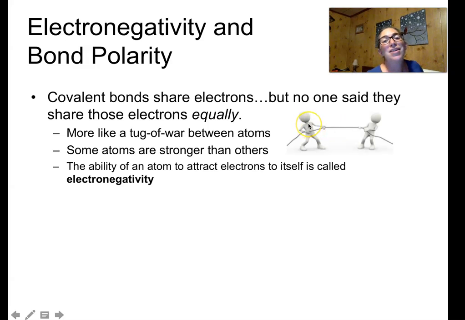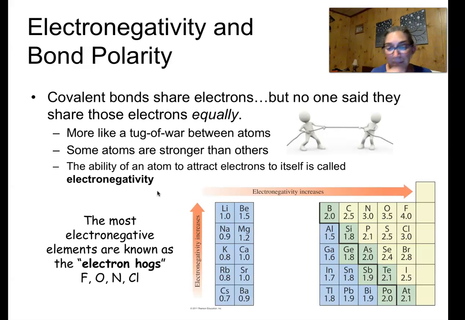But sometimes one has a greater pull and they hog and pull the electrons closer to them. And so the measurement of the strength that an atom has on pulling electrons is called its electronegativity. So all atoms on the periodic table get assigned an electronegativity value.